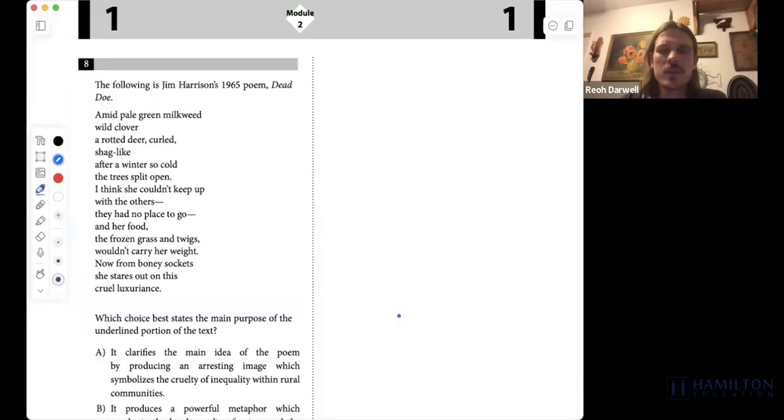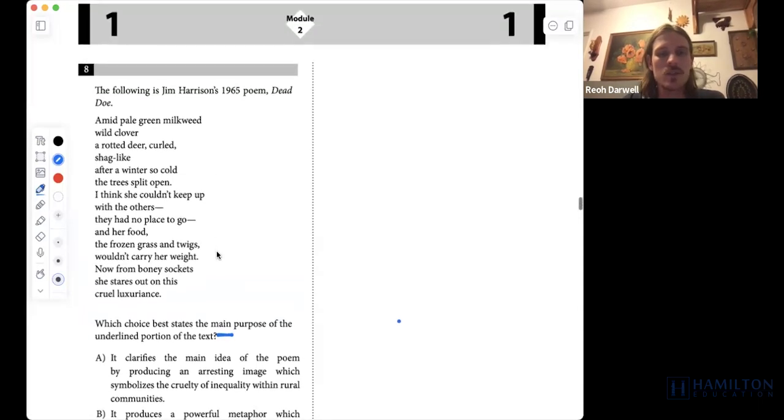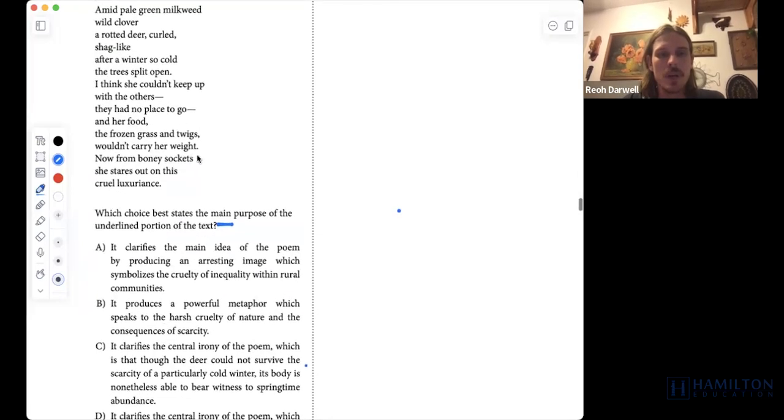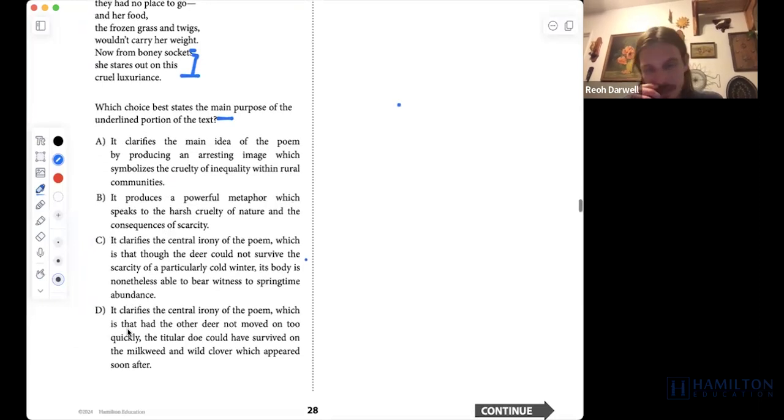All right, so question 8 uses a beautiful poem by a wonderful poet to ask about the main purpose of the text. So just the text in general. So how do we see this here?